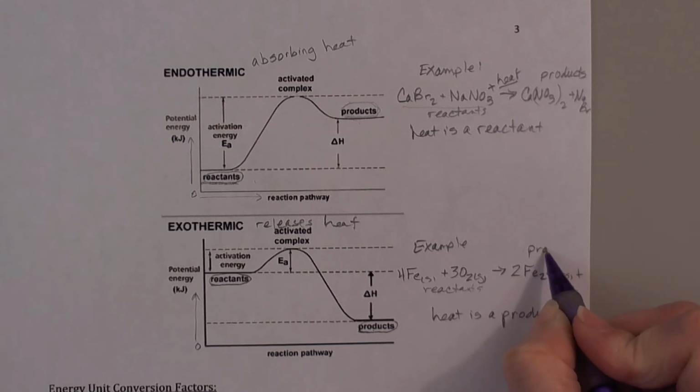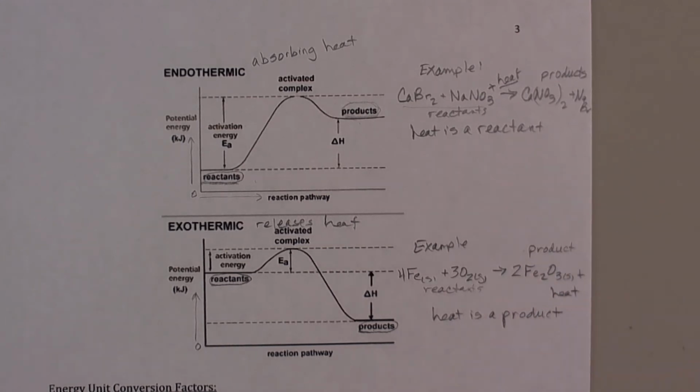Our product, which is the iron oxide. Now here you see how the potential energy of the reactants is greater than the potential energy of the products. So therefore this reaction must release energy. That's why heat or energy has to be given off as a product.